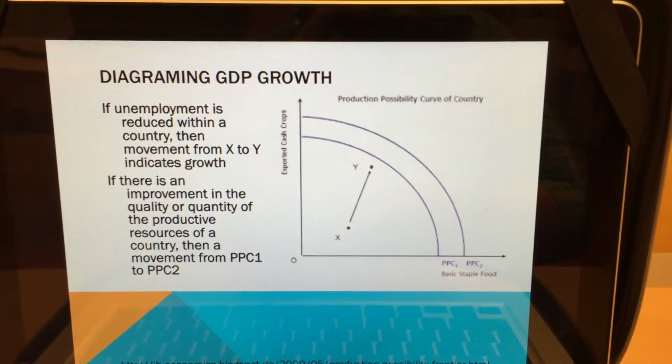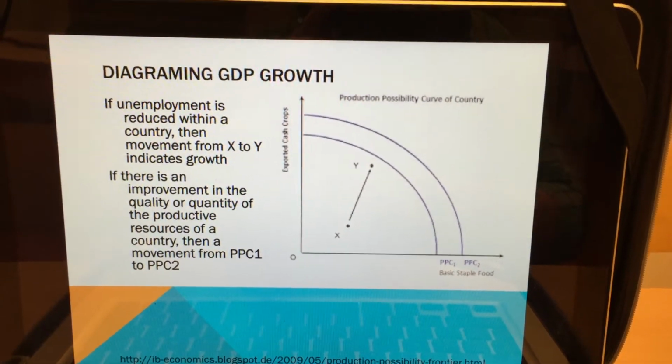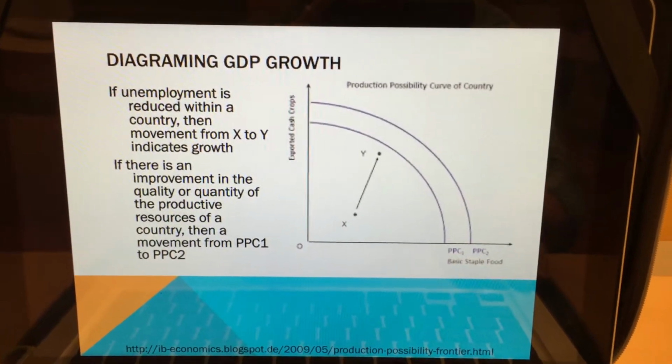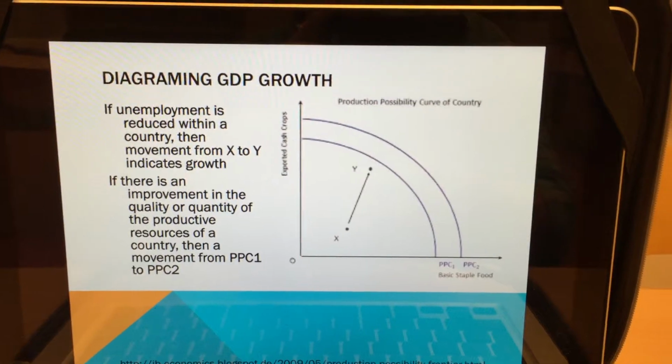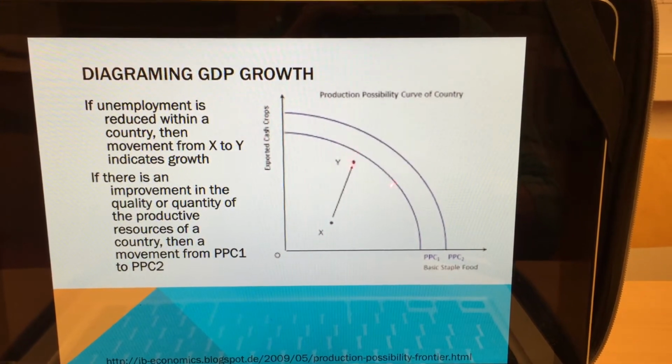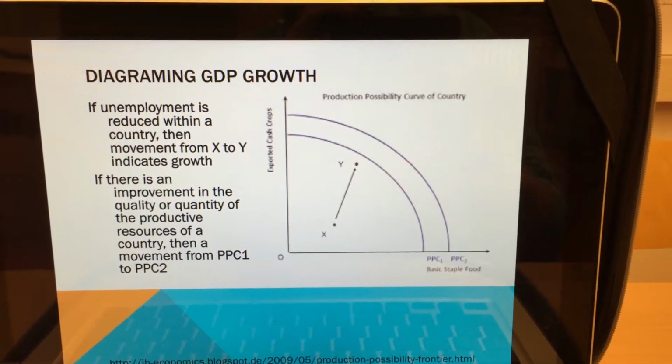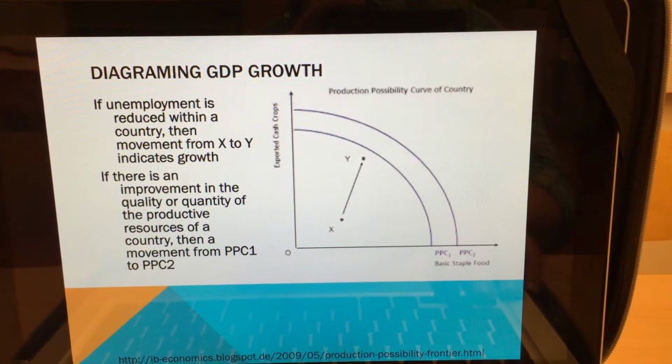So again, these are examples of how we could show economic growth using a diagram, by either going from a point inside the curve toward the production frontier, or just expanding the whole curve altogether. Next.